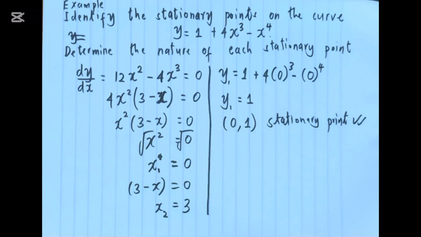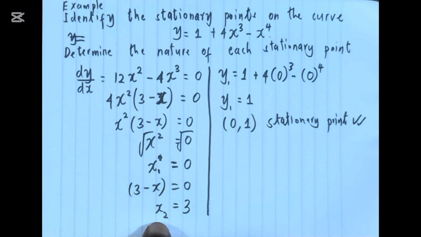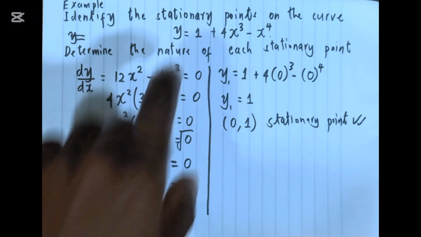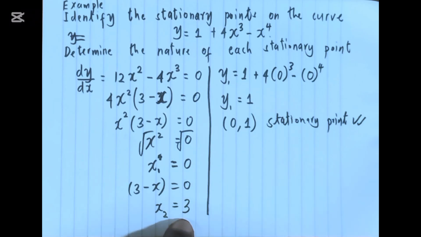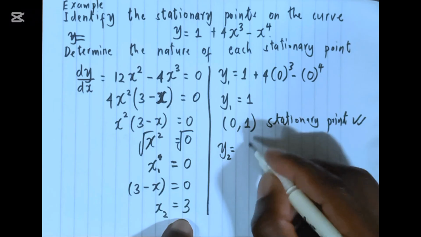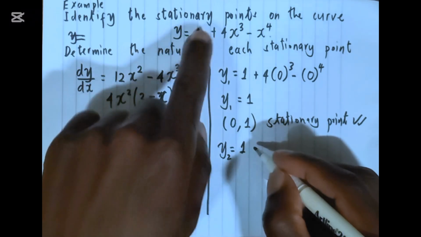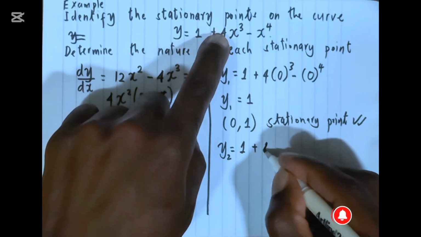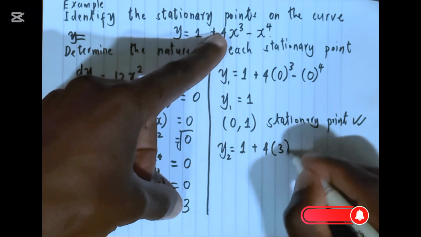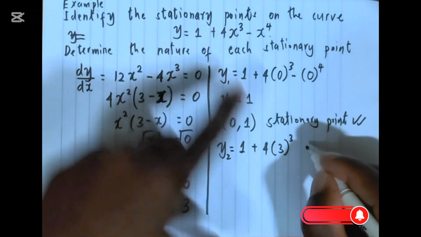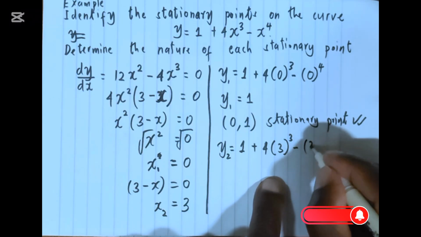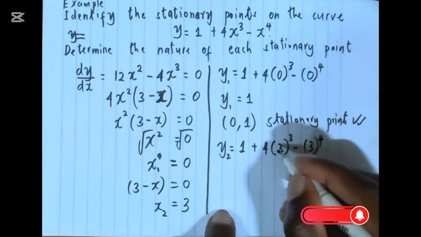Right, so for us to find the second stationary point, we're going to substitute the value of x2 into our function y. So our x2 value is equal to 3, so y2 will be equal to 1 plus 4 into 3 cubed minus 3 raised to 4.